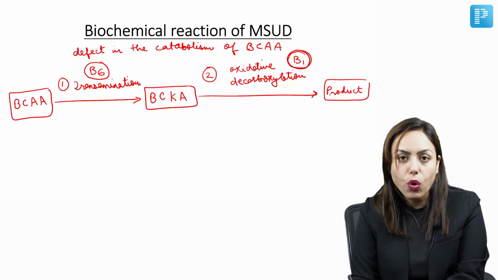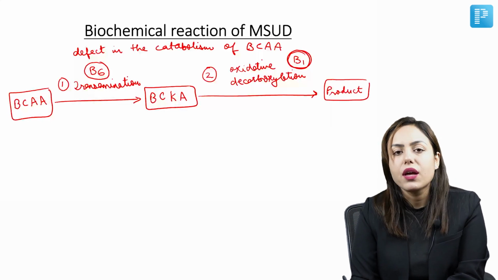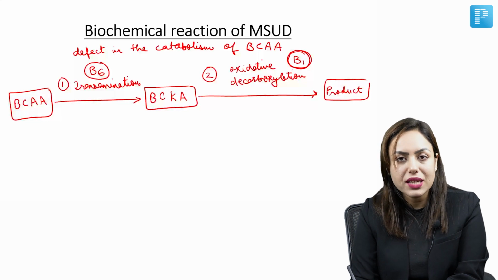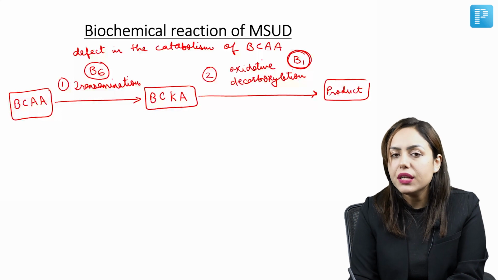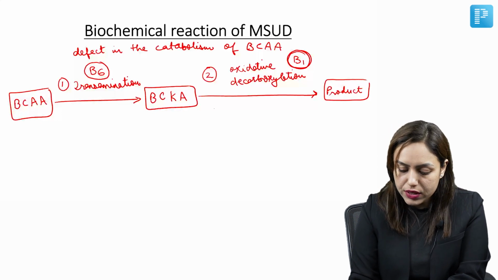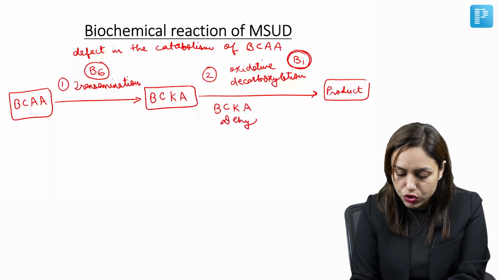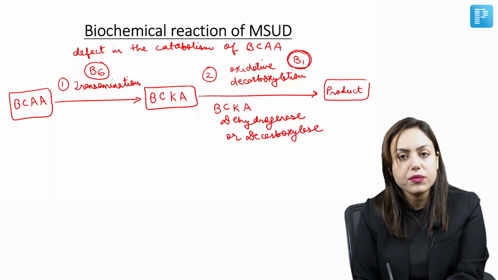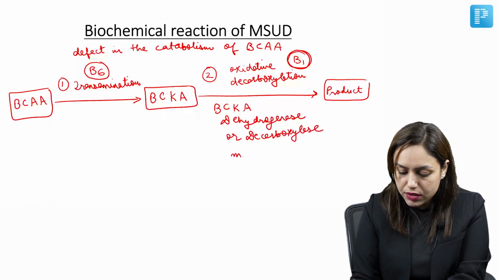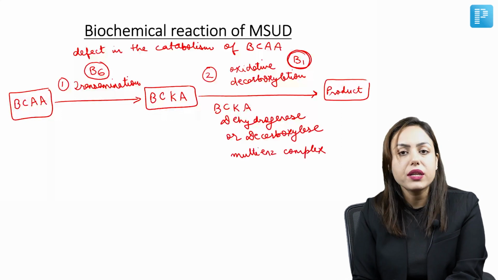We all know that the enzyme of oxidative decarboxylation is a dehydrogenase. So the enzyme will be branch chain keto acid dehydrogenase, or we can also call it decarboxylase. And this is a multi-enzyme complex.